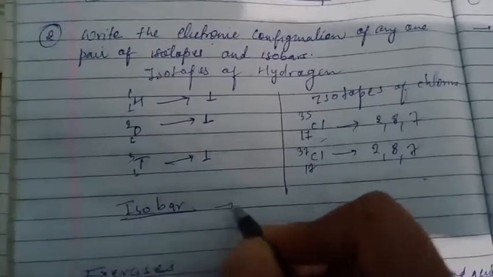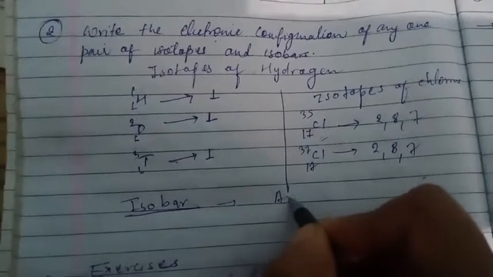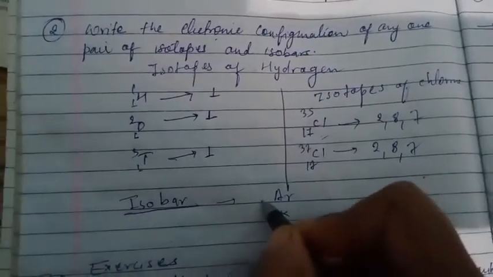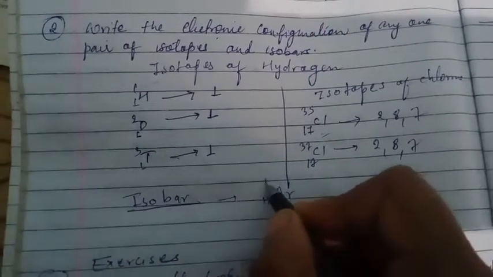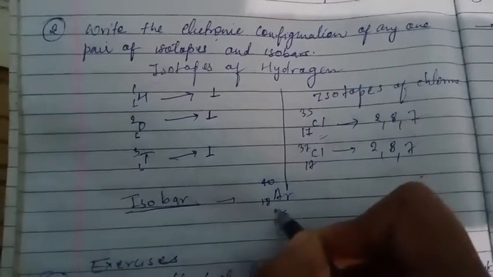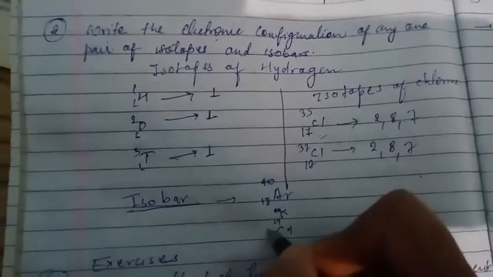Then isobar. Okay, so for one pair of isobars, we have taken the simplest example of what? Argon, potassium and calcium. Argon 18-40, potassium also 19-40, and calcium also 20-40.